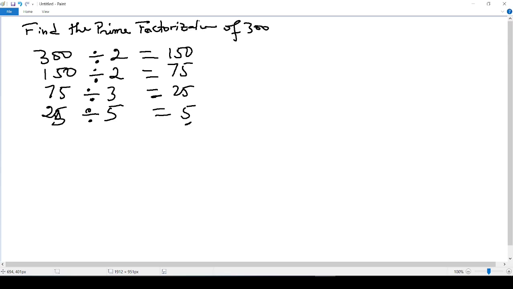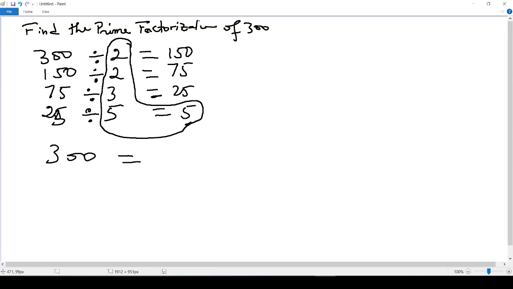And we come back. Our result: 300 is equal to, as we said before, we just write the product of the prime numbers that we used and the final result. We have 2, 2, 3, 5, and 5. And then we just put a dot or a multiplication sign in between them.